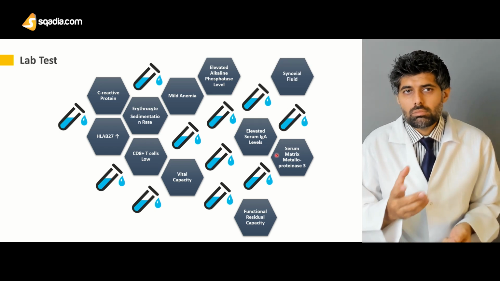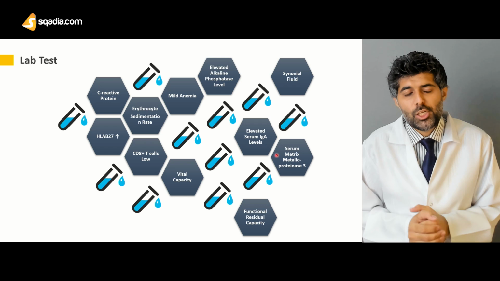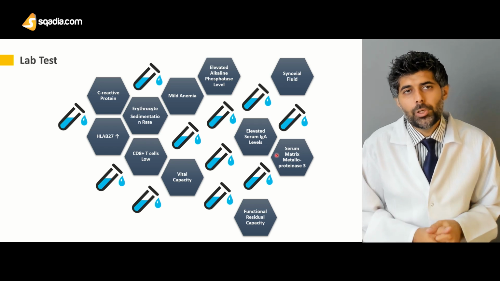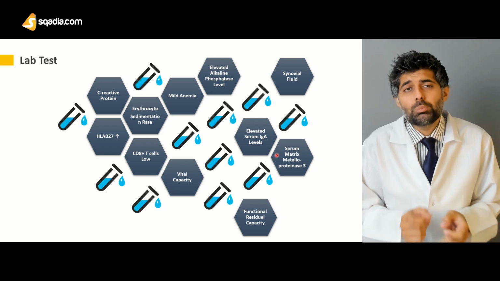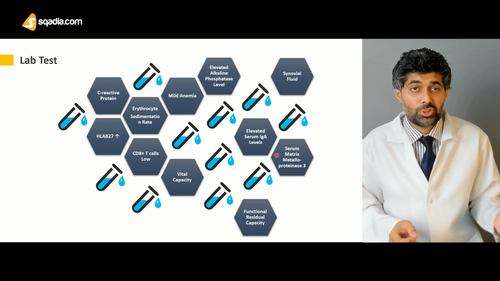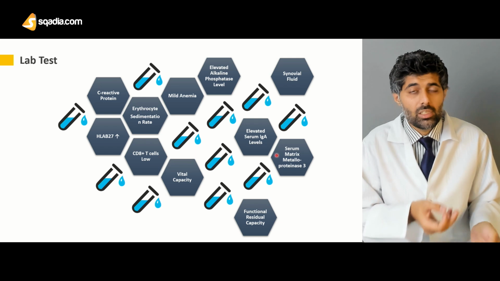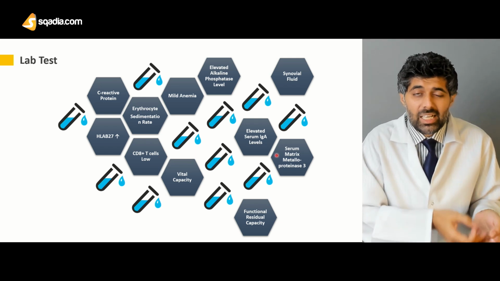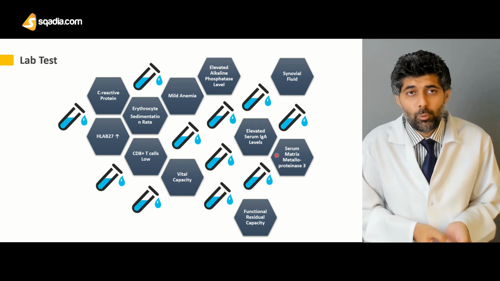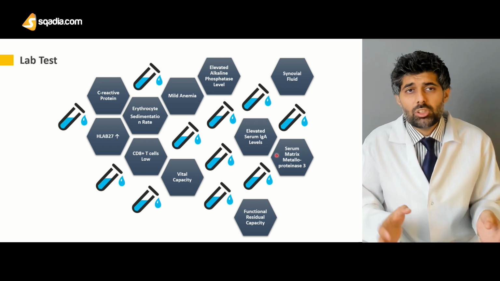Next, the investigation of the synovial fluid. Synovial fluid of a patient with ankylosing spondylitis, obtained through arthrocentesis, that is the process by which we take a sample of the synovial fluid, is usually non-specific.